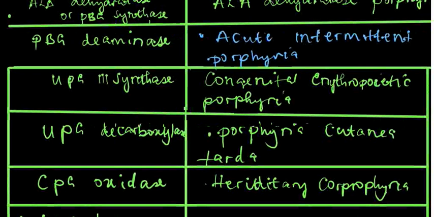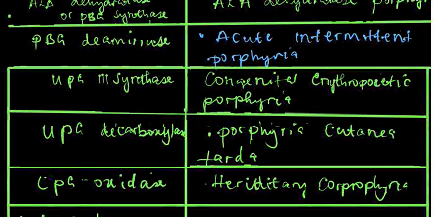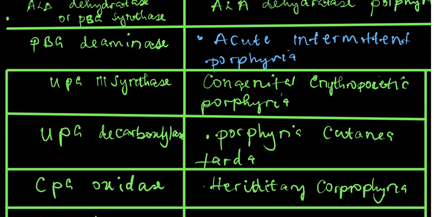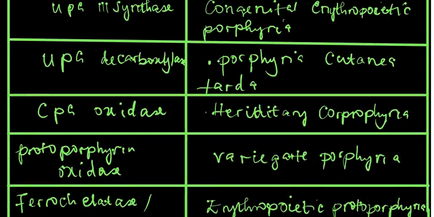So the UPG decarboxylase, the condition is porphyria cutanea tarda. That's the congenital disorder. The other one is CPG oxidase, which gives hereditary coproporphyria.